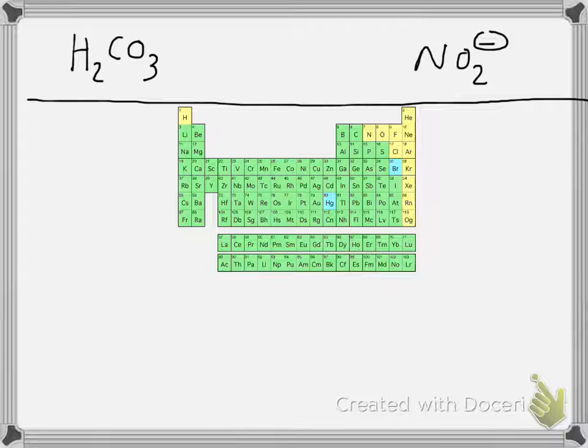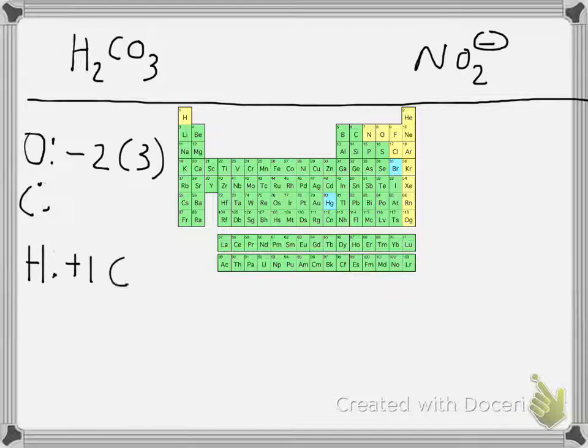What I mean by that is oxygen will almost always take the form of a 2-, and there's 3 oxygens in total in that compound. Carbon we'll come back to, and hydrogen will almost always take the form of +1, and there's 2 hydrogens in this compound.